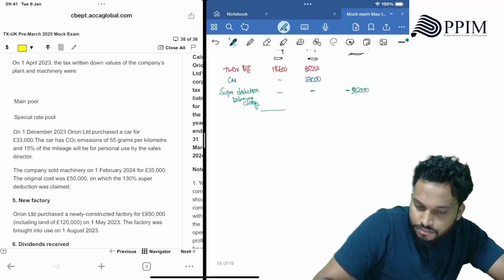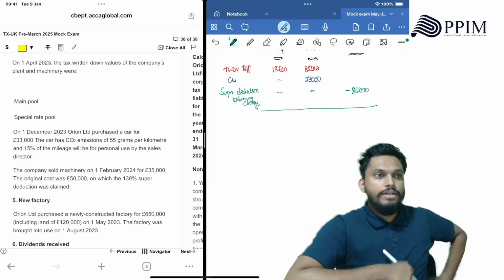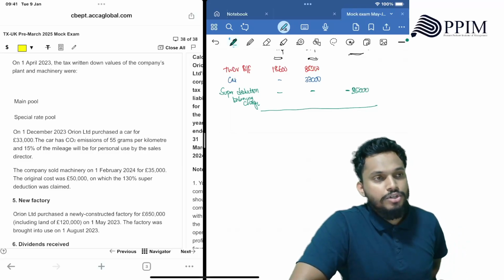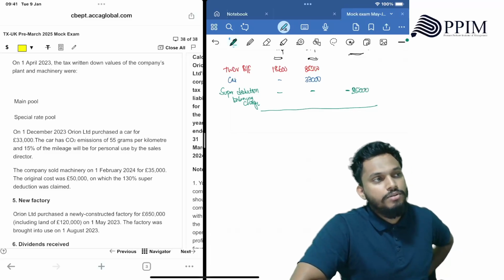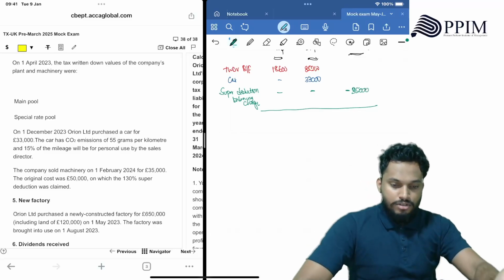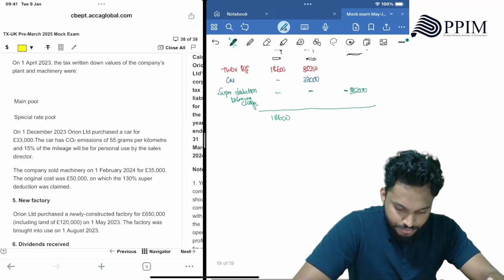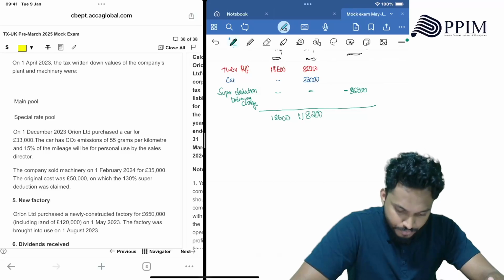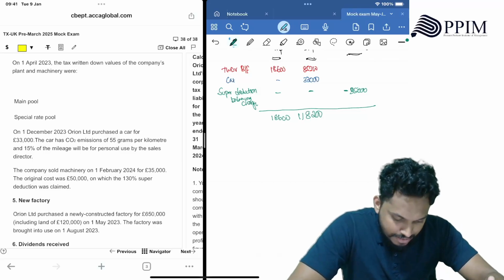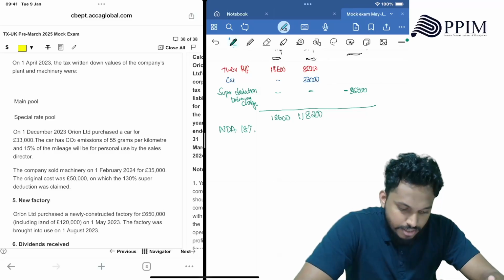Whatever super deduction claims come, you need to charge it as a balancing charge on all the property, plant and equipment. It's going to come on property, plant and equipment, right? So now you have 18,600, and you have 118,200. This 18,600 you will charge WDA of 18%.